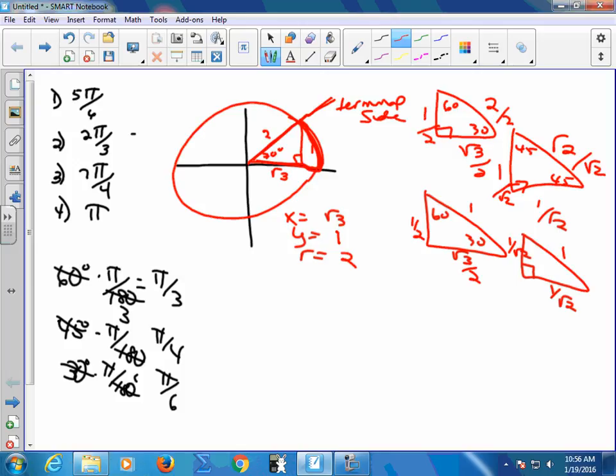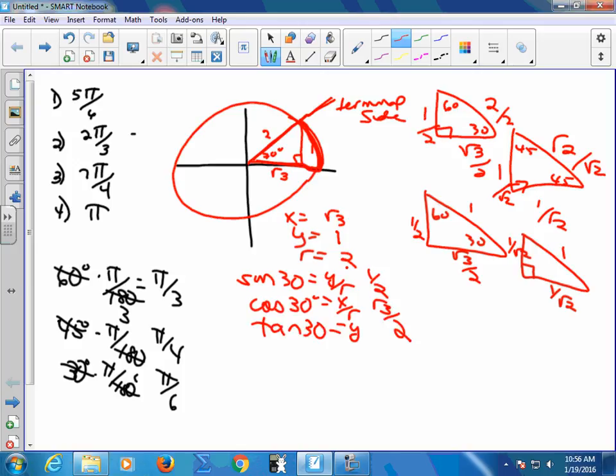We could do your sine, y over r, 1 over 2. We could do your cosine, x over r, and your tangent, if you remember, is y over x. And the nice part about this now is we don't have to rationalize any denominators.